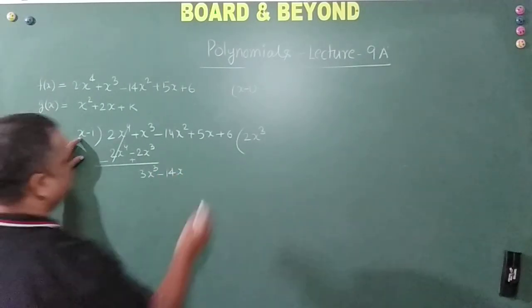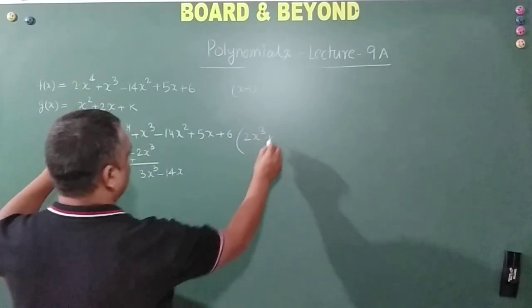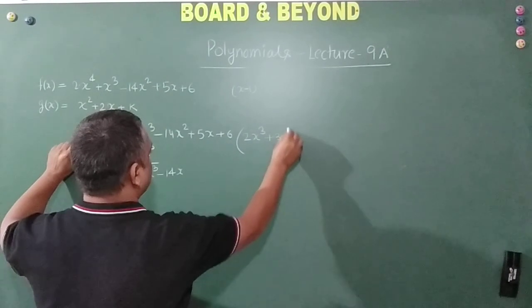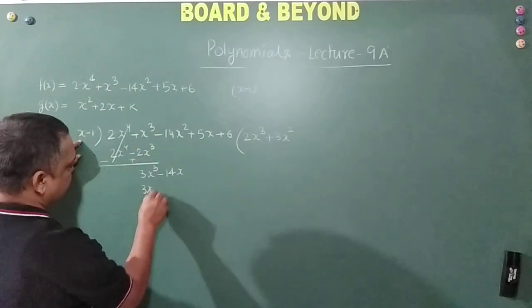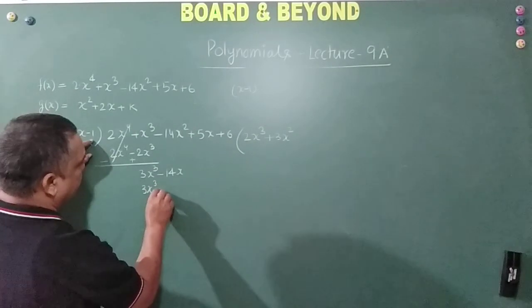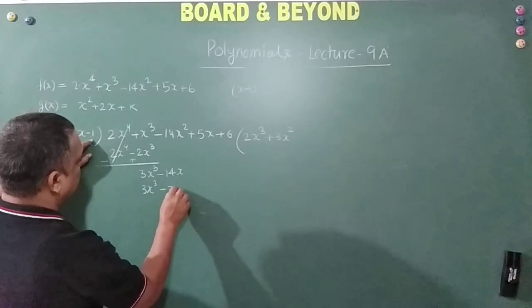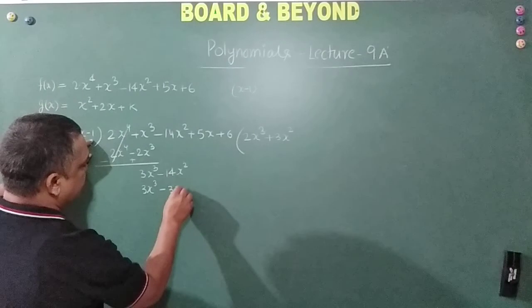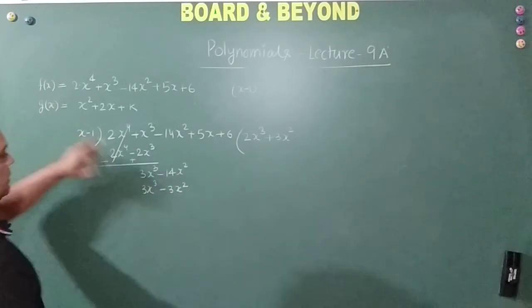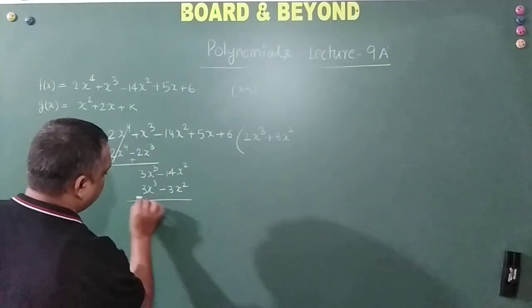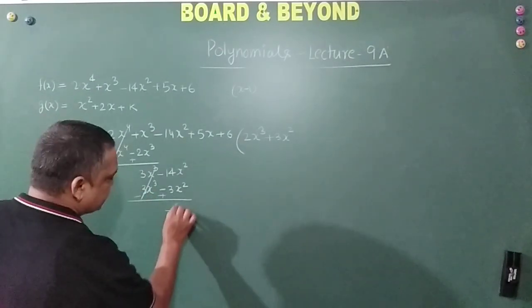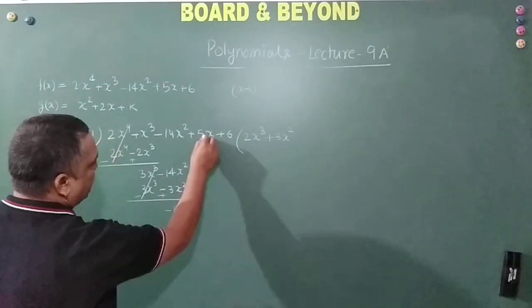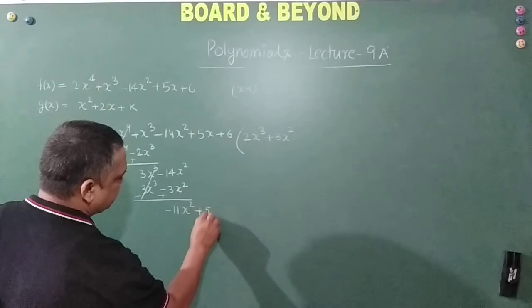This is a simple division process, friends. So 3x square. This becomes 3x cube minus 3x square. Minus plus, so this gets cancelled. This becomes minus 11x square, and then I bring this down, 5x.